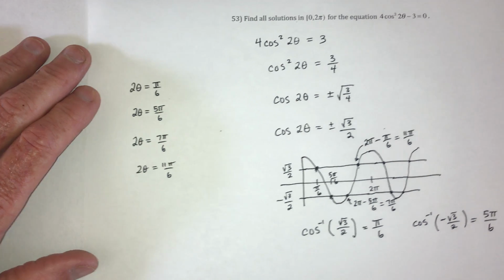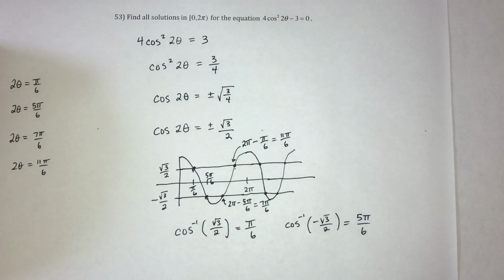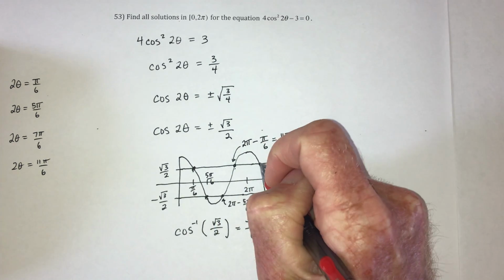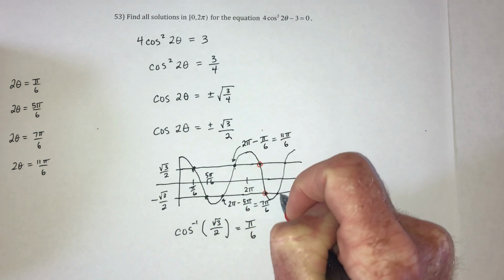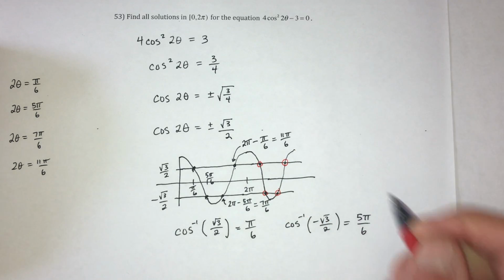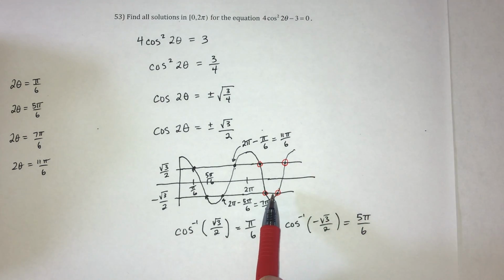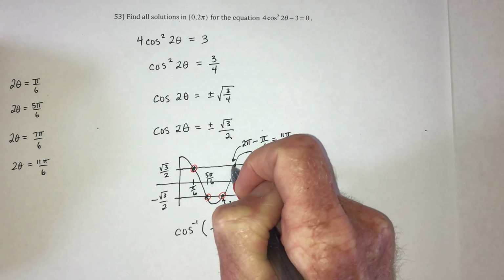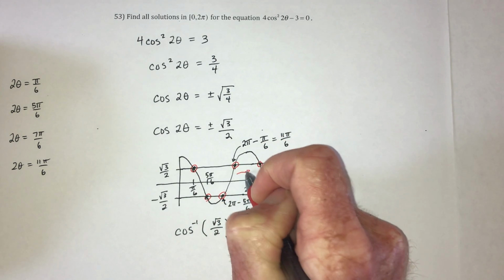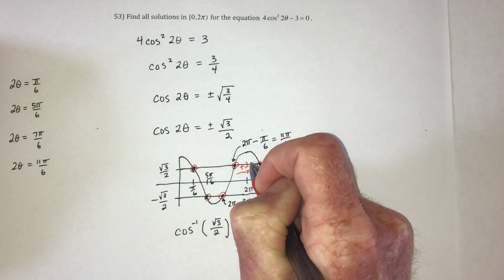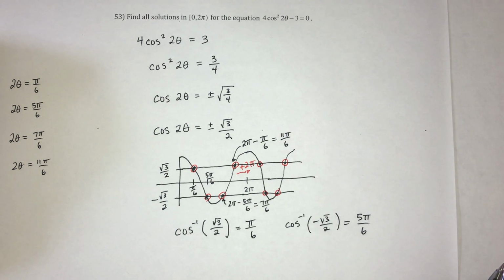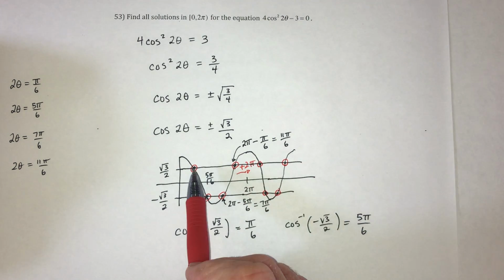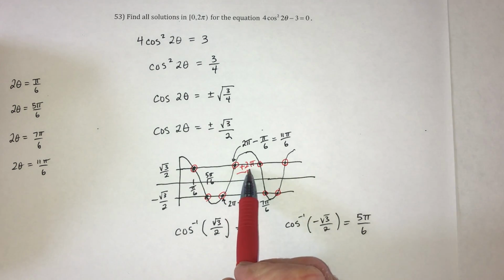Now, how do you get the next 4? So we now need to find these 4 right here. But these 4 come from taking these original 4, and then to move over, you need to add 2 pi. So basically we just need to take every answer that we just got, those 4, and add 2 pi.